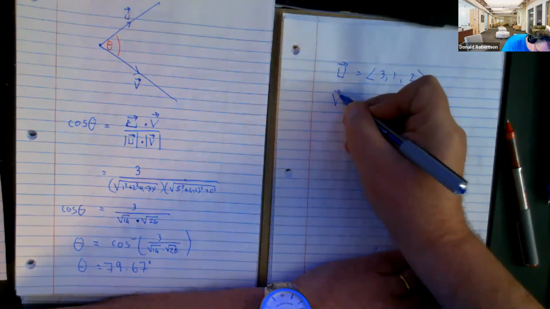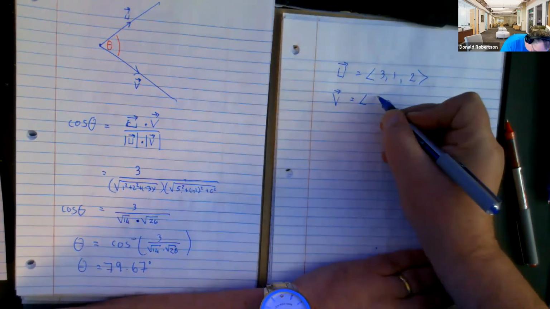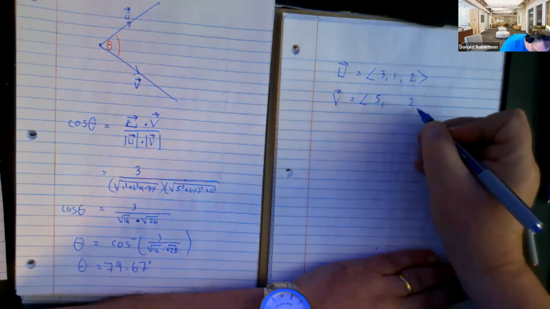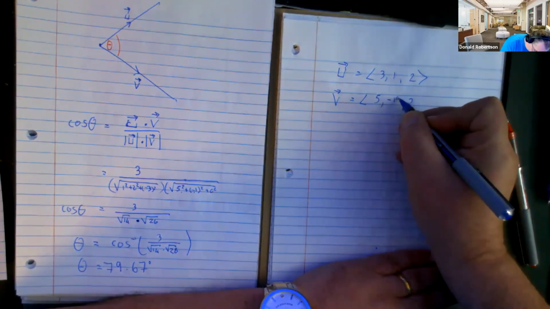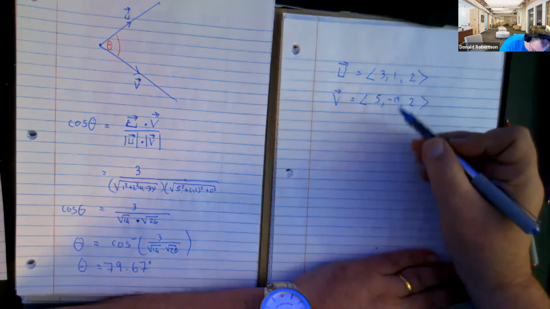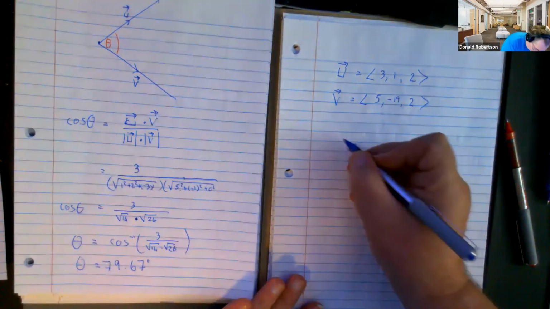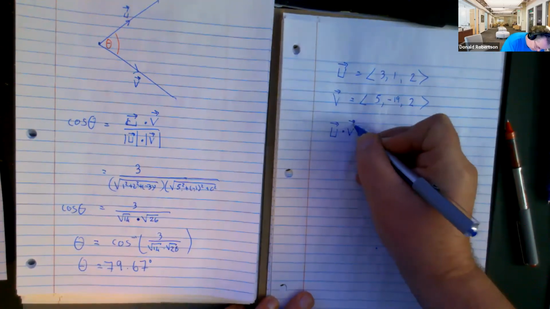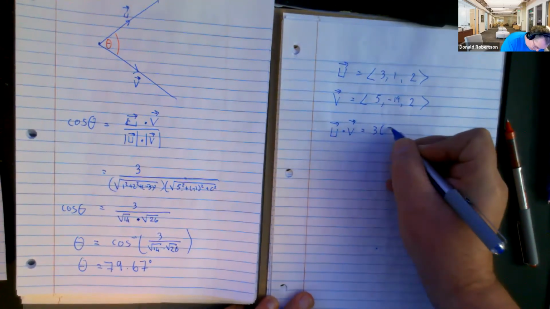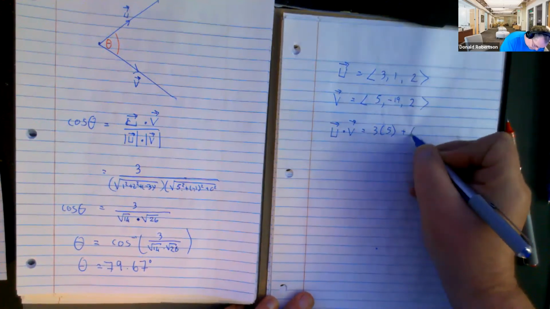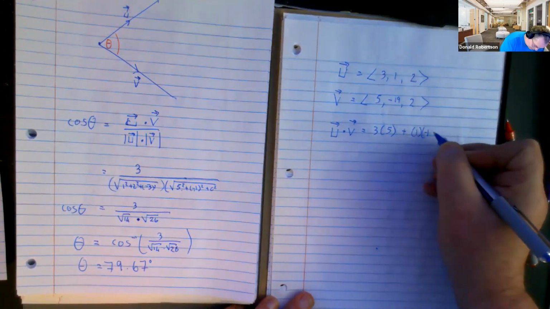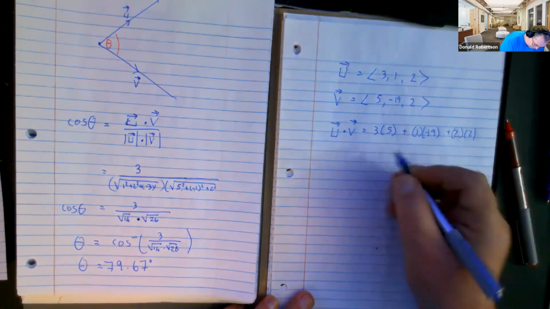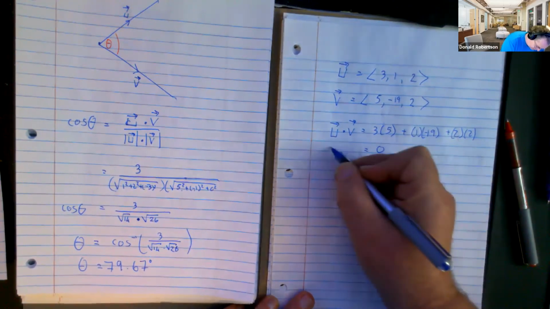And my vector V is 5, 2, -19. Now I'm only going to calculate the dot product. So it's going to be 3 times 5 plus 1 times 2 plus 2 times -19. And can you trust me that the answer is 0?